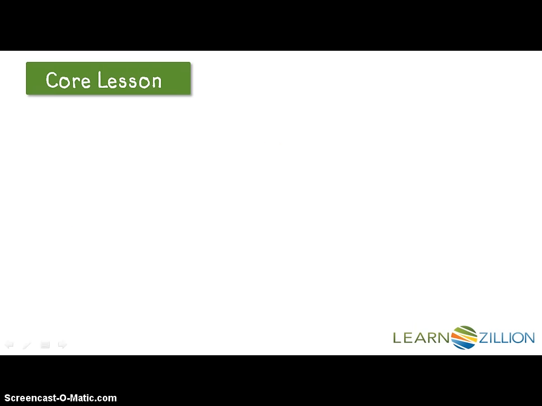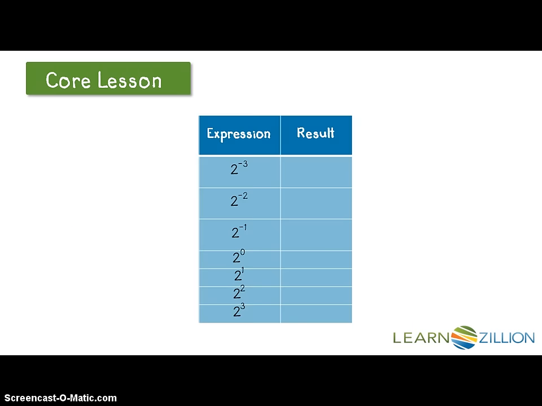So let's look at the core lesson for today. Here I have this table of seven different expressions with different exponents, all with a base of 2. Let's focus first on the one on the bottom, 2 to the 1st power. That's something that we could do without a calculator. 2 to the 1st power means we just have 2.